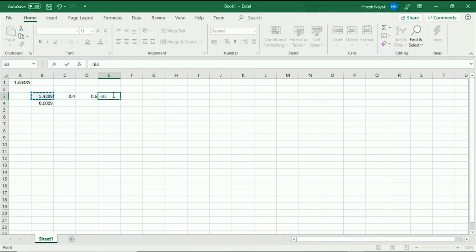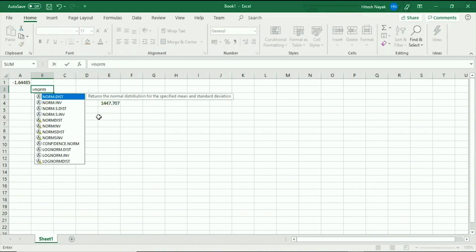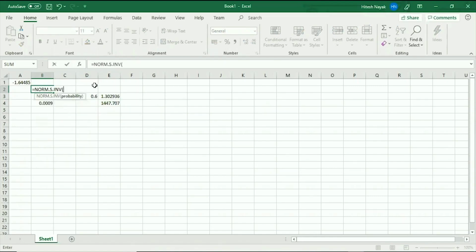I got a very big number. I made it 2.33, no, I did 2.32. 2.32 I got for 0.01, right?